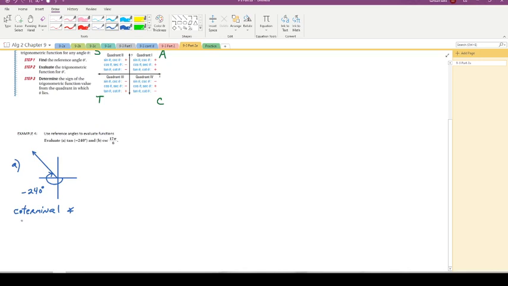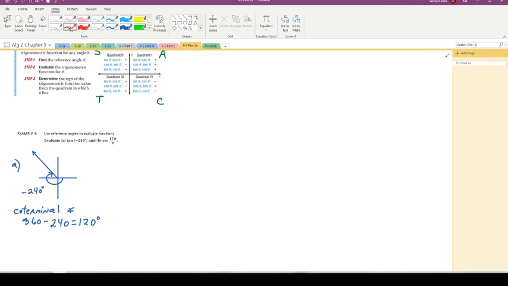Remember, coterminal, plus or minus 2 pi or plus or minus 360. I want the positive one, so I'm going to do 360 minus 240, and that equals 120 degrees. So that's my coterminal angle.